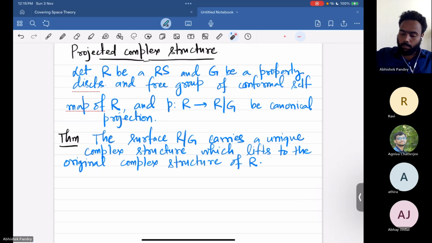So that was basically the exercise to show that it is a surface. If one can show that it is a surface using this property, then it is easy to grasp that it has a unique complex structure, which is nothing but the lift of the original complex structure of R.